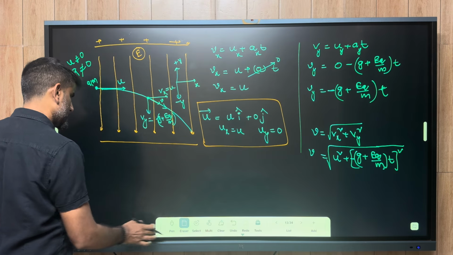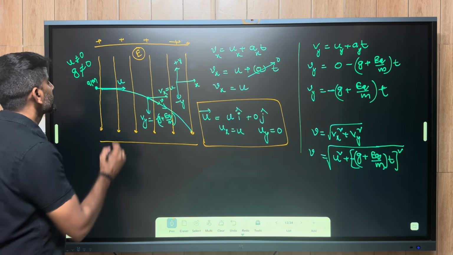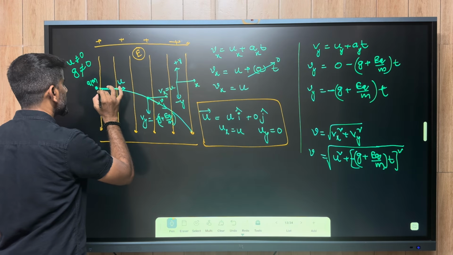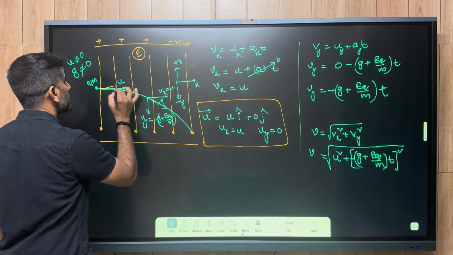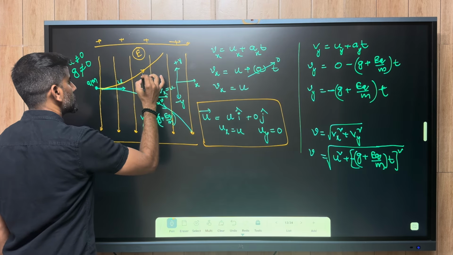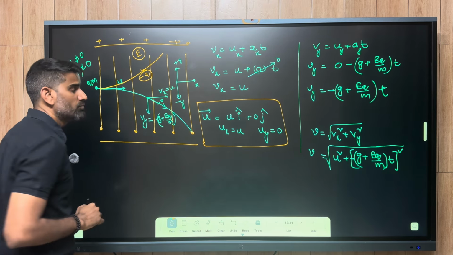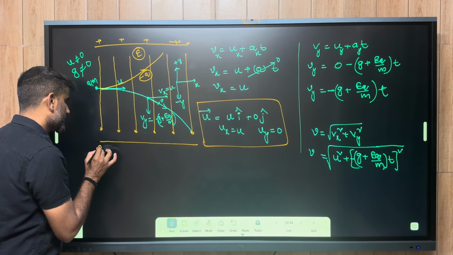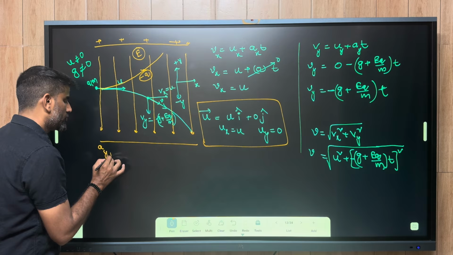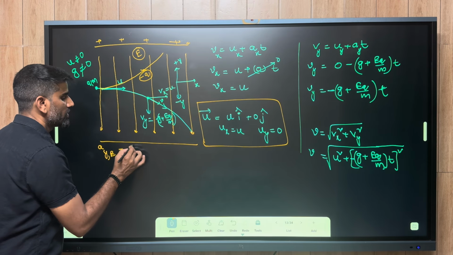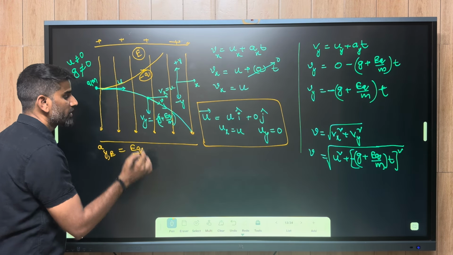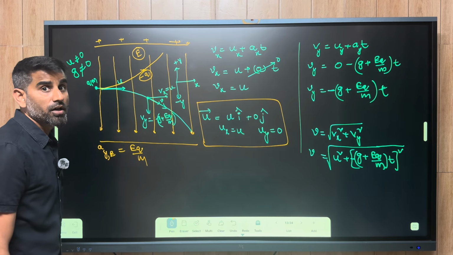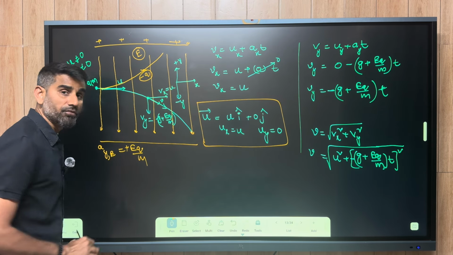Let's see. Let us suppose I have projected the charged particle of negative charge, minus q charge. If this is the minus q charge, then the acceleration along y due to the electric field is eq by m again, but upward, that means with a positive sign.